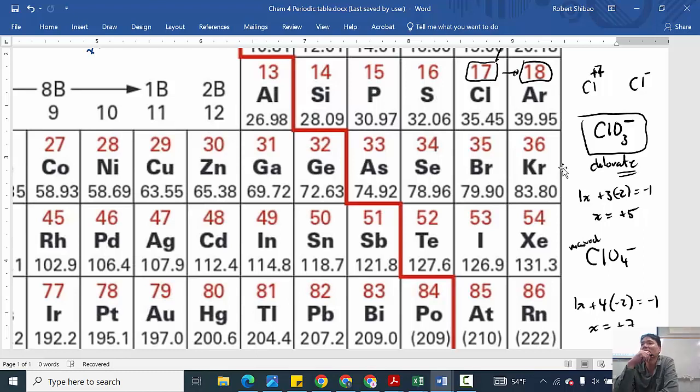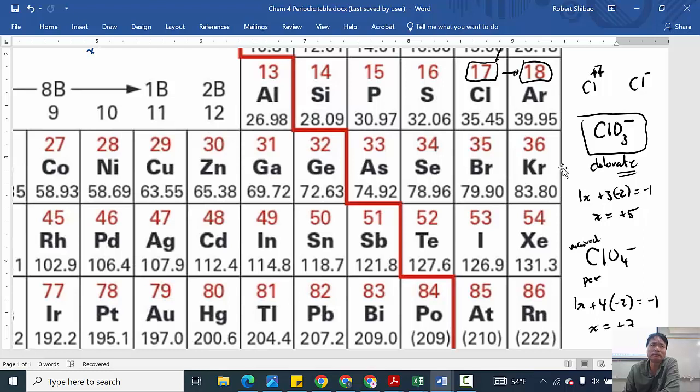Now we've run out. Normally, carbonate and nitrate are maxed out. Borate's maxed out. But chlorate is not maxed out. And so we have to do something else. We have to come up with a new idea. What's the new idea? We're going to call it perchlorate. And so per comes from hyper.